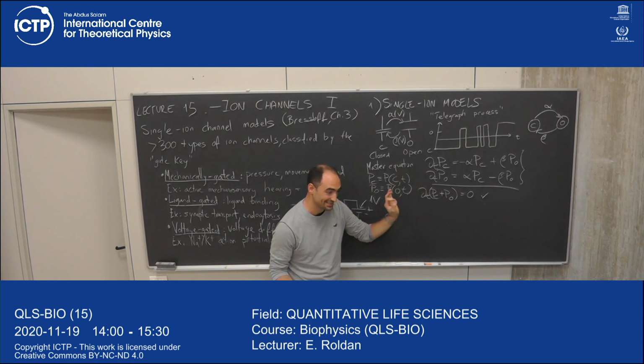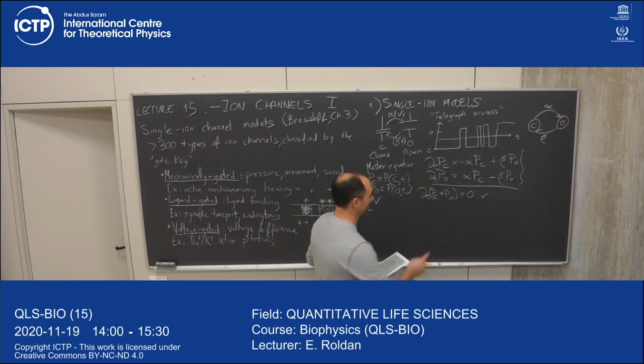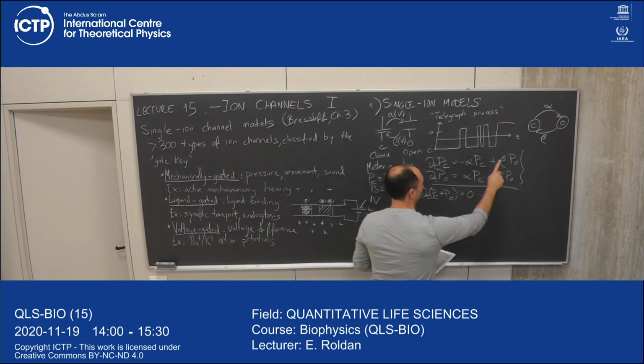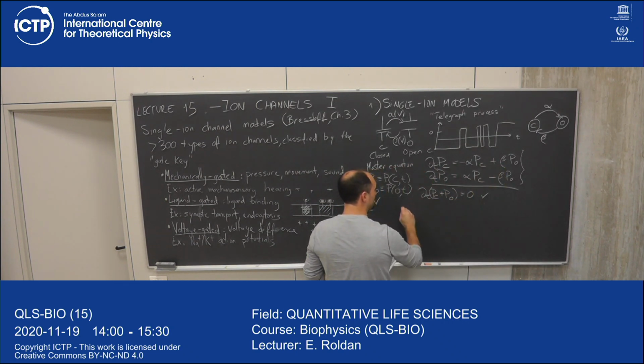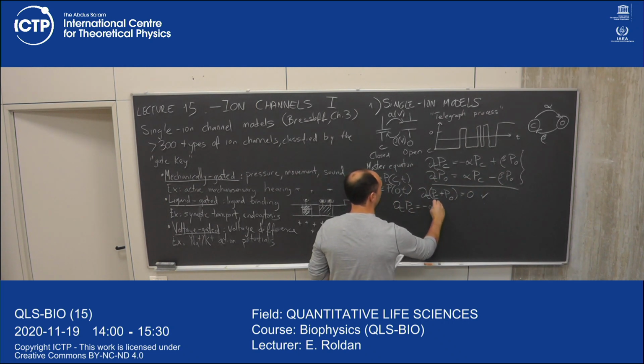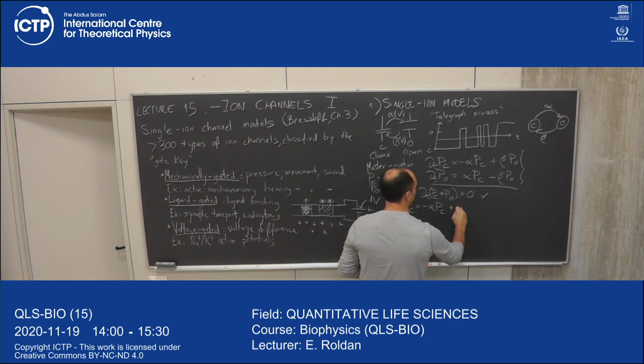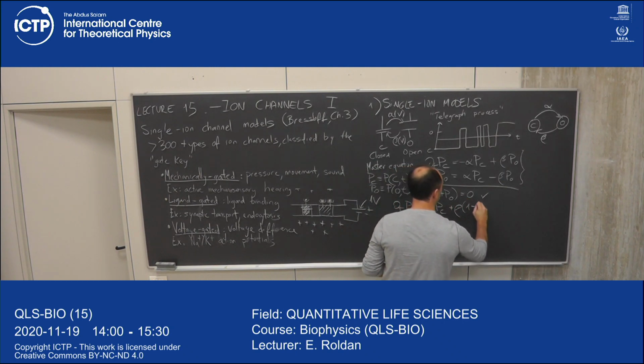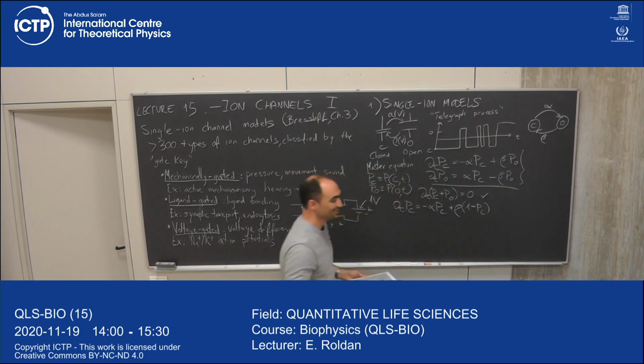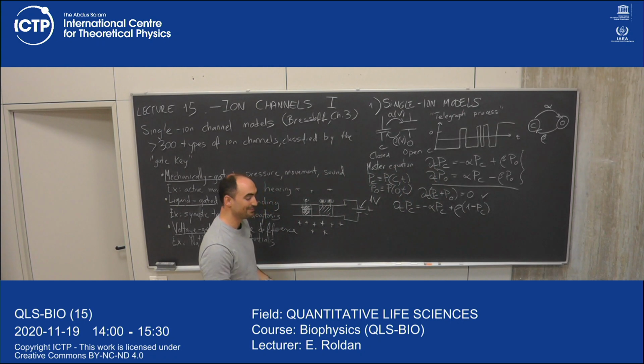But this is very simple, because you can take this equation and put P0, so you can do partial t of Pc equals minus alpha Pc plus beta times (1 minus Pc). Then you have an ODE for Pc, which is solvable.